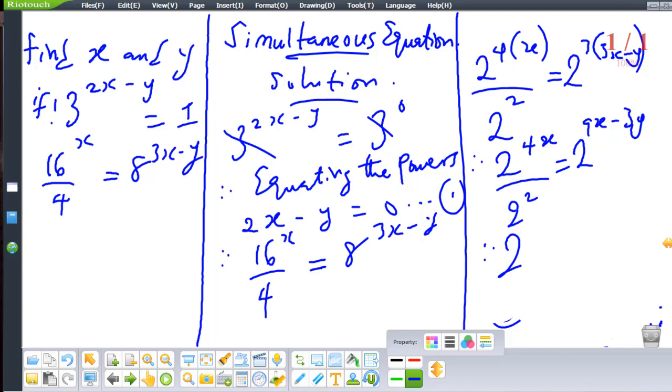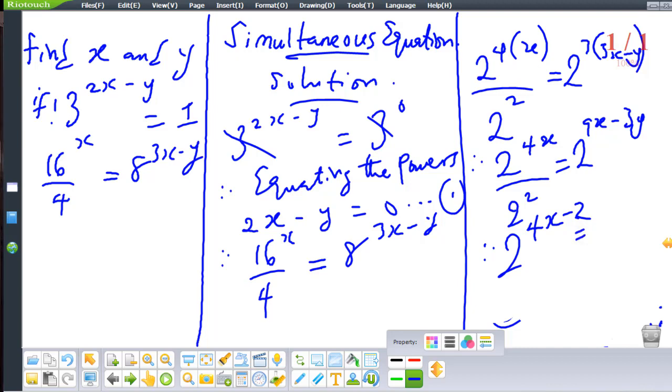You will agree with me that we could actually write this as 2 raised to the power 4x minus 2. Am I correct? Yes. Division changes to minus. And then since the bases are the same, we could actually pick one base, take this power up, and change the division to minus.